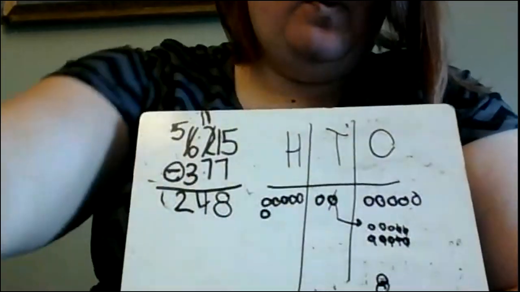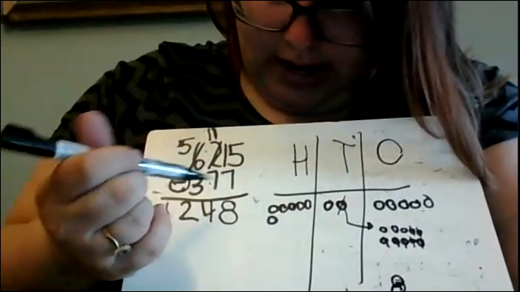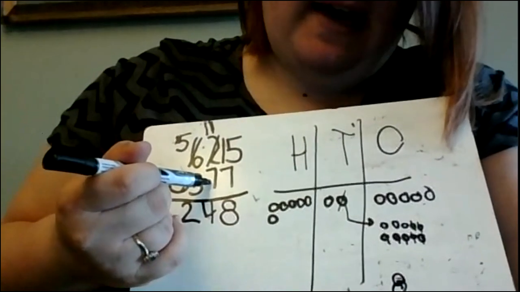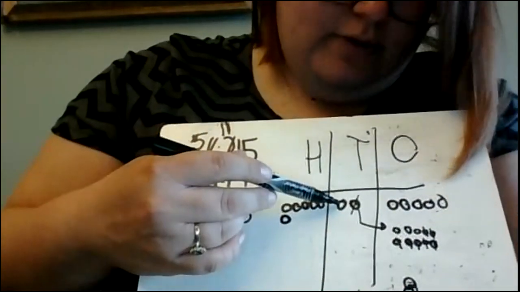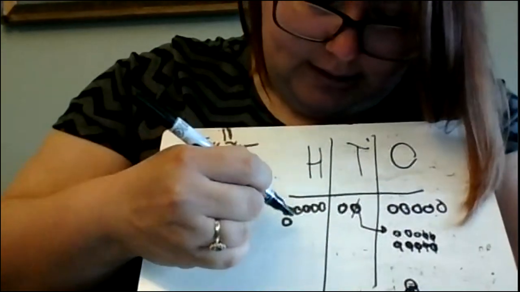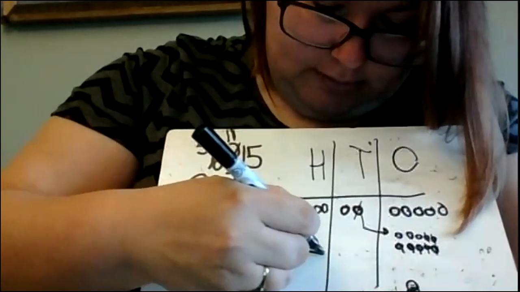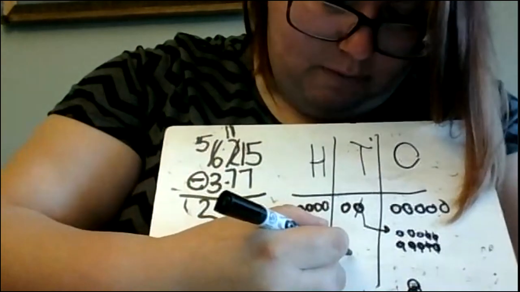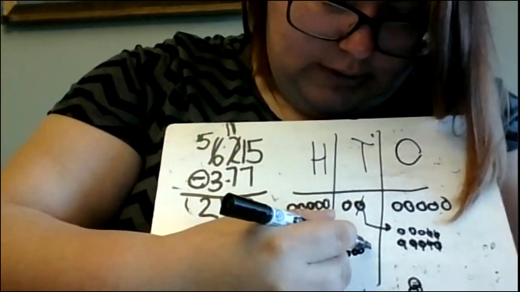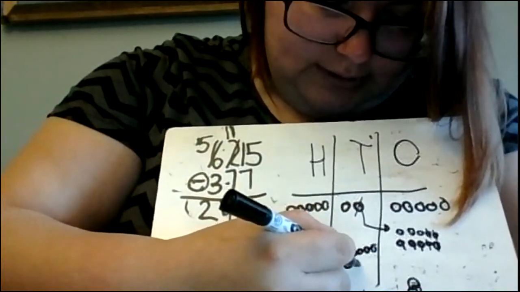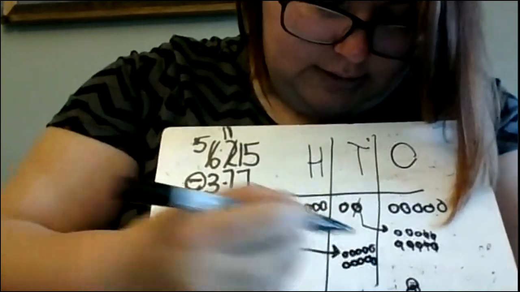I have 8 ones. Now I need to subtract 7 tens. Ooh, I already know I can't do that. So I'm going to go next door to my hundreds and get 10 more. 3, 4, 5, 6, 7, 8, 9, 10.